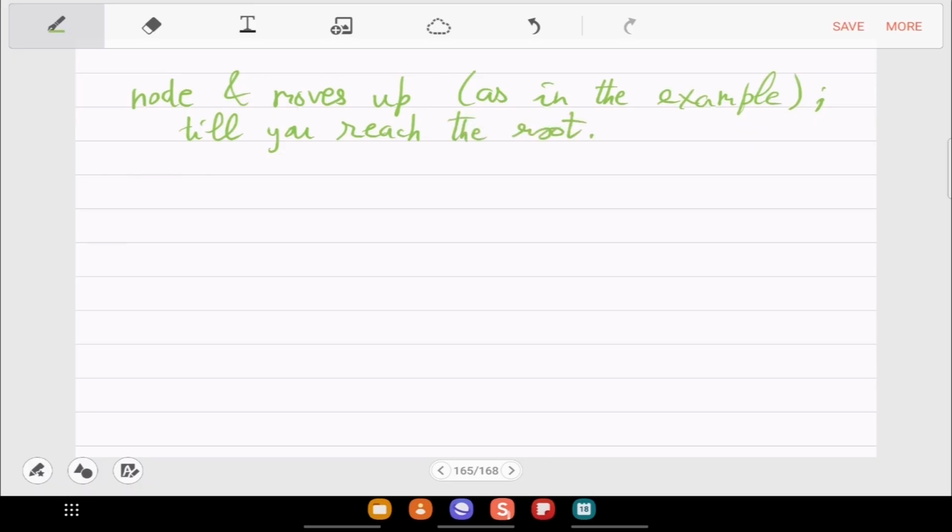Once you reach the root, then that heapify call will finish everything. Okay, so this is the full heapify pseudocode, and heapification is just a main program which will work with this, going from bottommost to topmost.